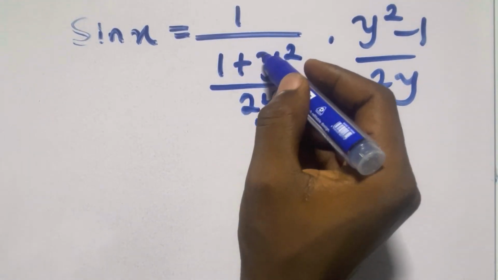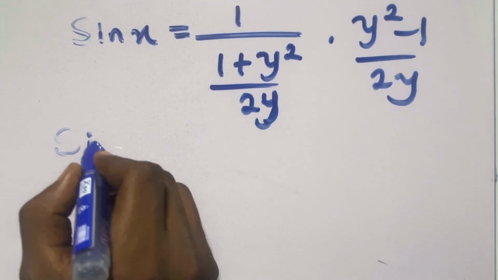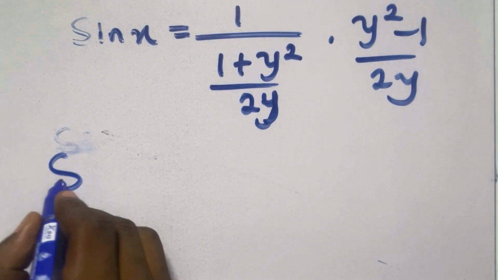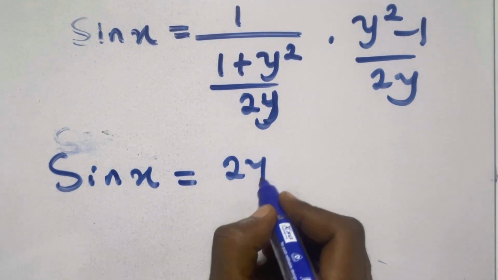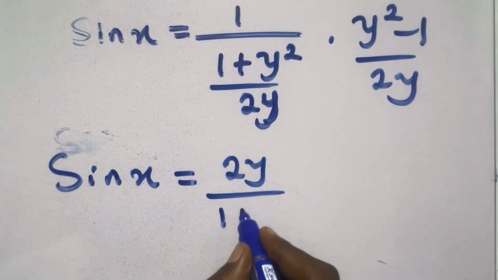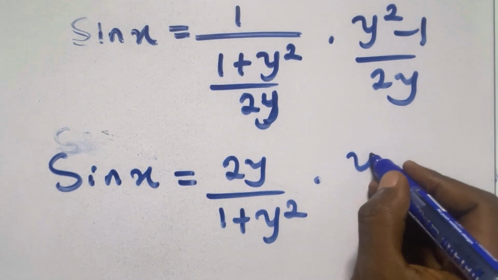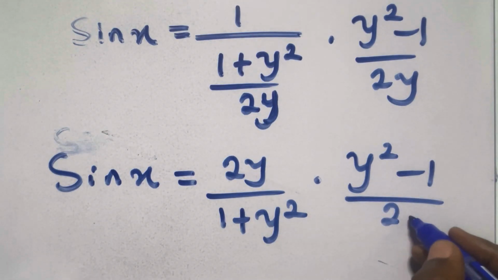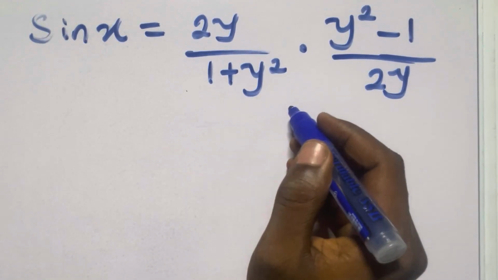By reciprocating, turning this long division to multiplication, we are going to have sin x to be equal to 2y divided by 1 plus y squared multiplied by y squared minus 1 divided by 2y. When we reciprocate, this is what we have.